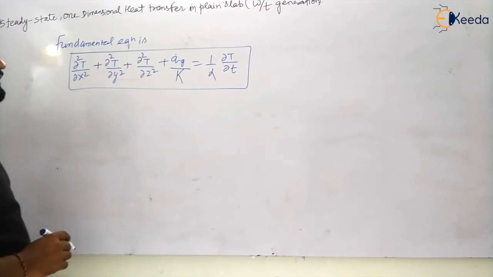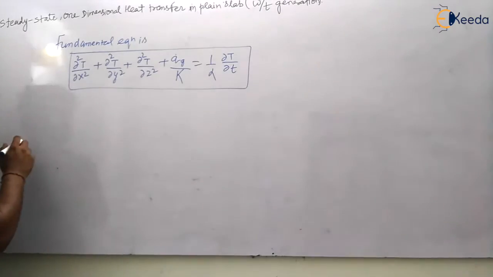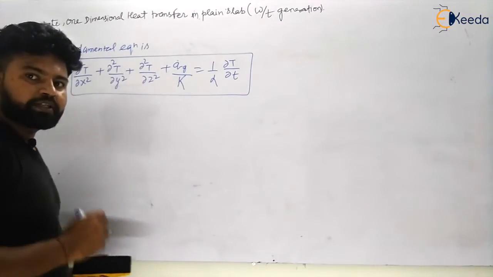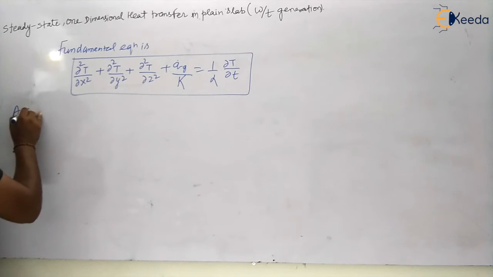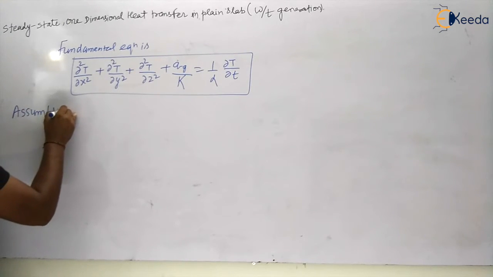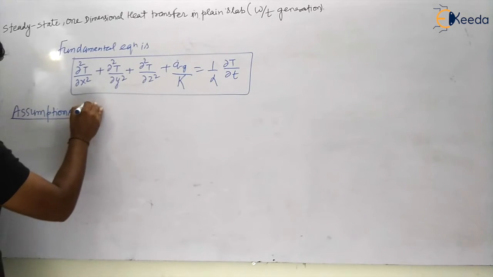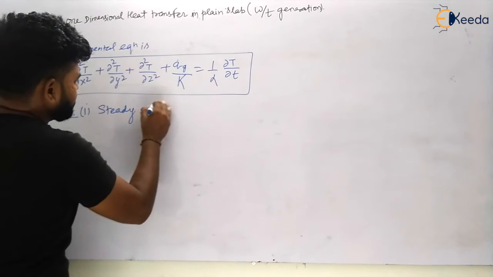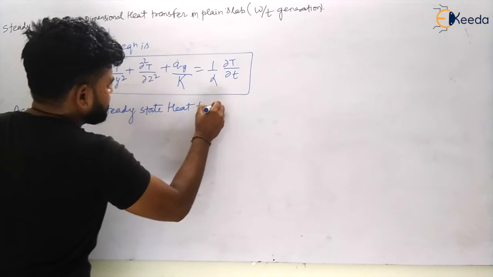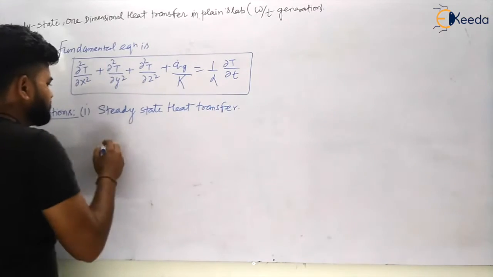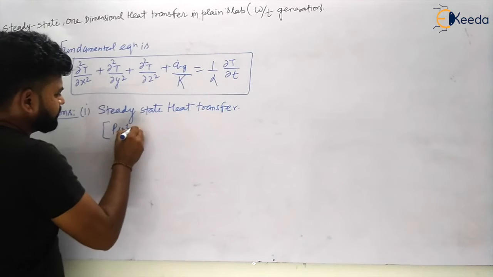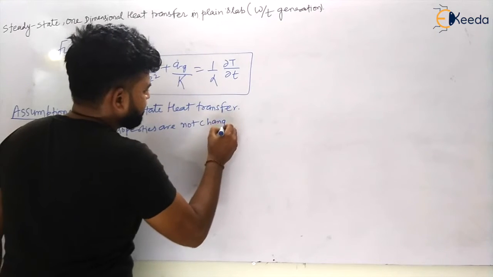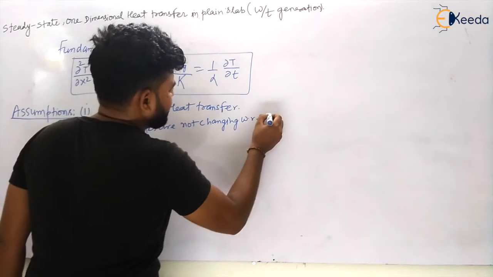So let us see the assumptions. What are the assumptions here? Number one, we have already taken steady state heat transfer, that is, properties are not changing with respect to time.